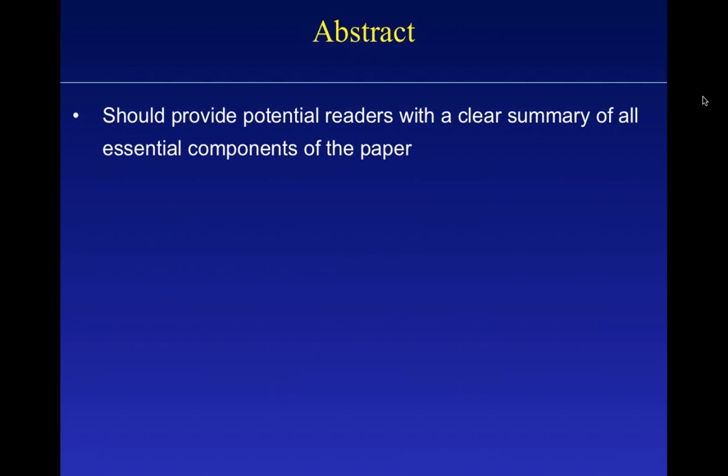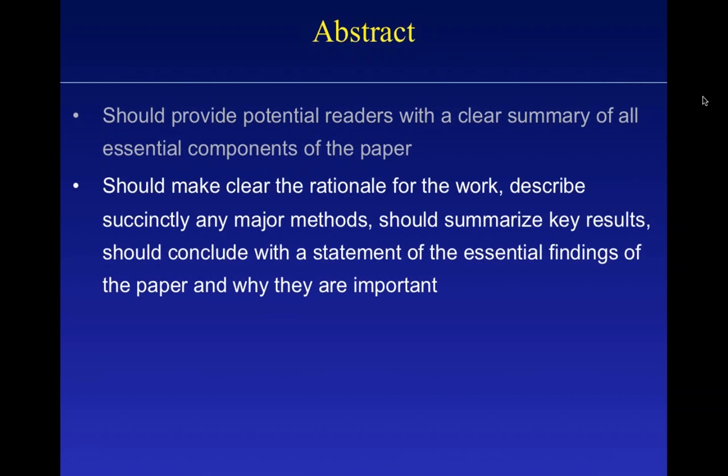Okay, the abstract should provide potential readers with a clear summary of all essential components of the paper. And those essentially follow the kinds of themes that I've already mentioned, and the topic headlines that we require for original articles in CJC follow those very closely: background, methods and results, conclusions.